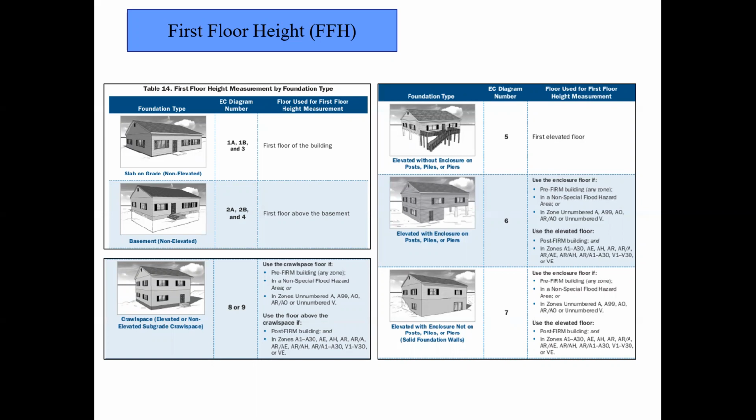Then they'll use the elevated floor if it's a post-FIRM building in a floodplain such as the numbered A zones, AE, AH, AR, and the combinations of floodplain zones you see there at the bottom, or a numbered V zone or a VE zone. So that's the differentiation. It depends on where the buildings are and when they were built, under Risk Rating 2.0.